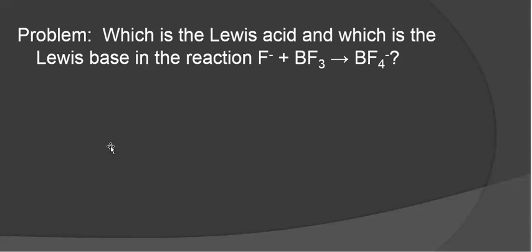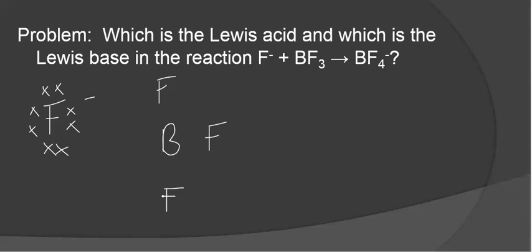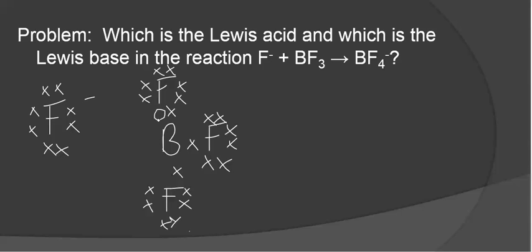Let's look at this example here. What's the Lewis acid and the base in this reaction? F-, we're going to draw the structure F-. F has 7, the minus means you add 1, so that would look like that. BF3, well, F has 7, so I'll draw these 7 around the F's, and then boron is in group 3, so it's only got 3.